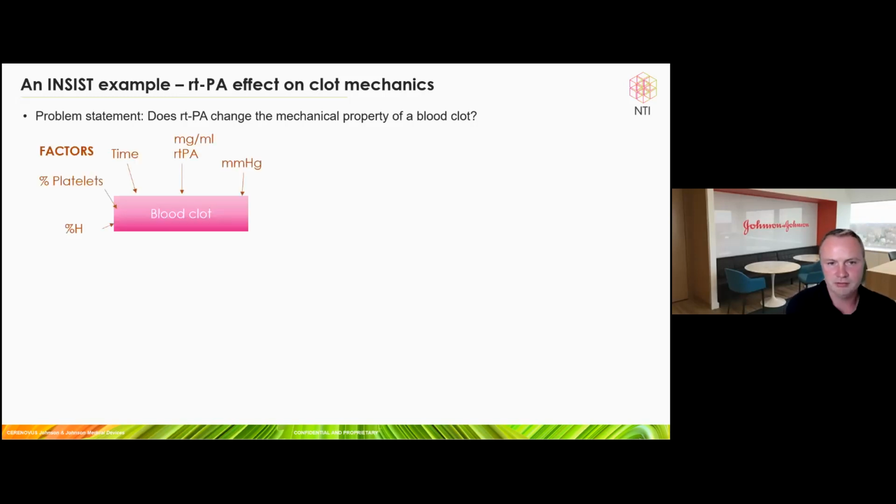So here I've taken these factors which I described earlier. So the percent of red blood cells, or the hematocrit in the blood mixture used to make the clot, the amount of platelets present, the time, the amount of TPA, and the pressure, or in some way simulating the pressure that can be experienced by the clot in the artery.